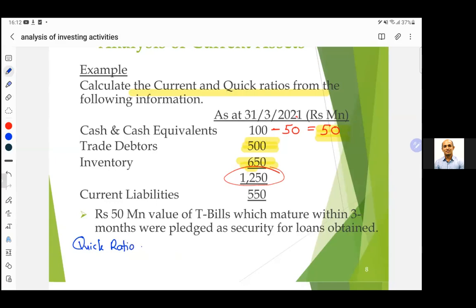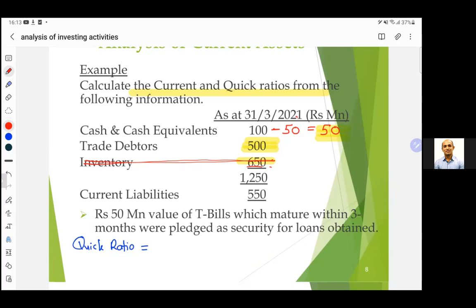For the quick ratio, you don't take inventory. So why don't you take inventory? Because usually the realization of inventory takes time, but that depends on the business.